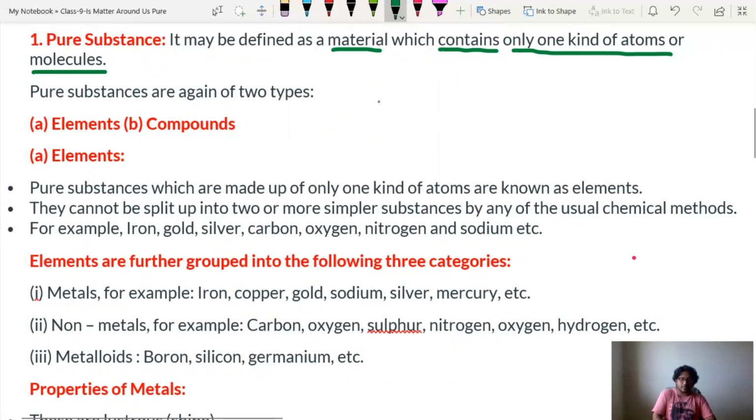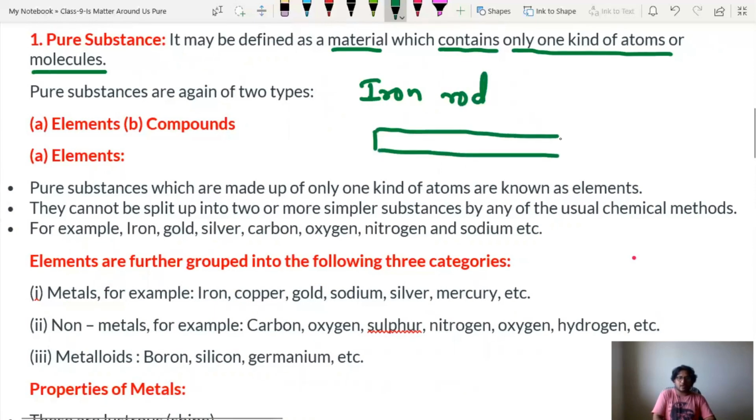For example, let us take an iron rod. Consider this is the length of the iron rod. Now you take this part. Here you can observe iron particles. Now try to observe this part. Here also you can find iron particles. Now you can see this part. Here also we get only iron particles. This part, this part, this part.